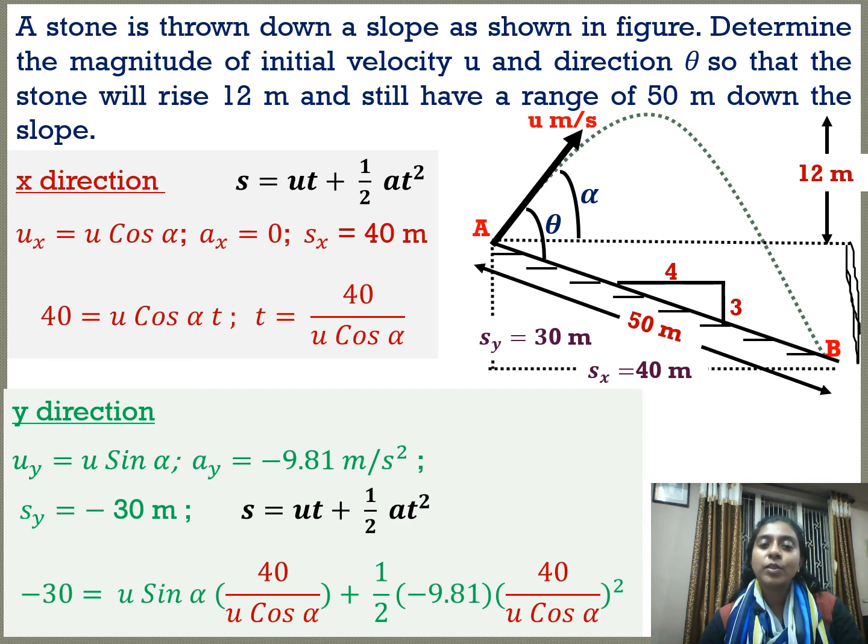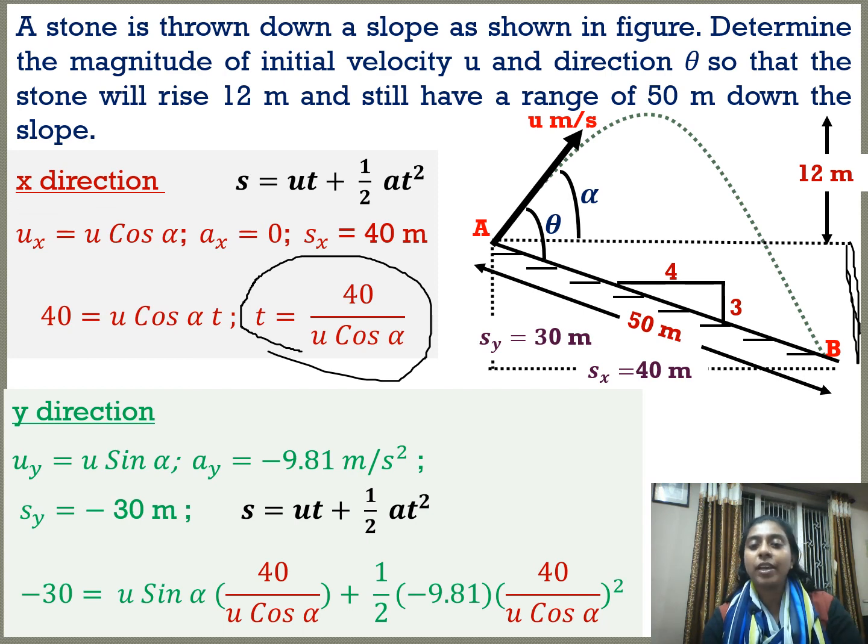So when we are substituting in the equation S is equal to ut plus half at square, we get minus 30 is equal to u sin alpha into, substitute the value for t from x direction, plus half into a is minus 9.81 into t square.